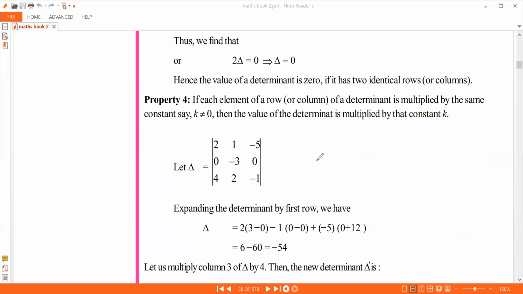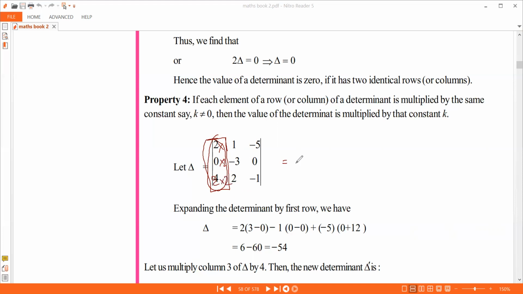Now there is another thing we have to see here. Observe this column. In this column, 2, 0, 4: that is 2 into 1, 0 into 2 is 0, and 4 is 2 into 2.